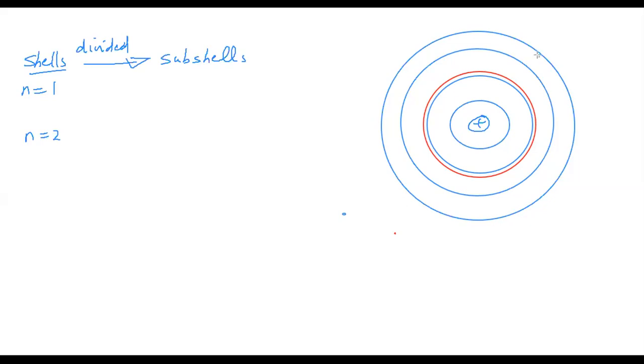Now, the second shell was divided into 2, but the third shell, they found, is divided into 3 subshells. Okay, this is the second shell.